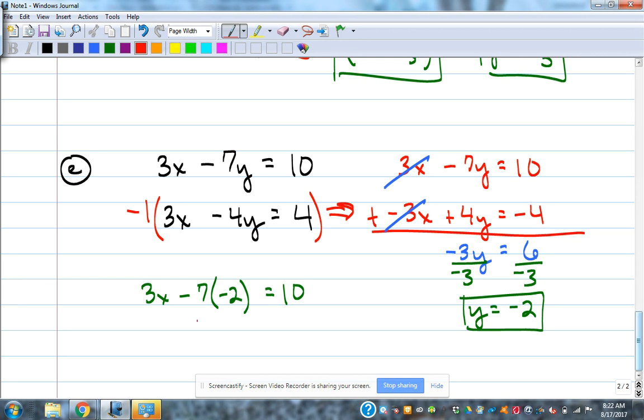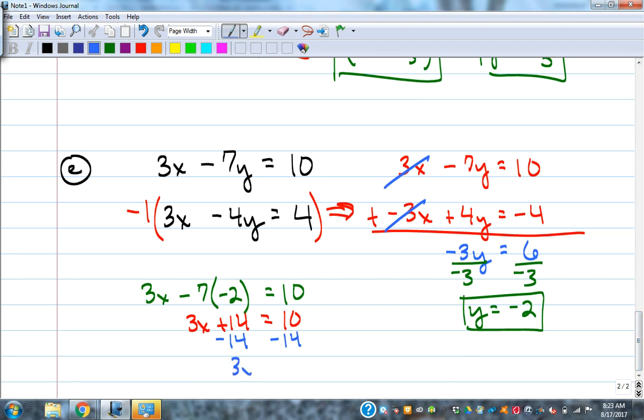Okay, so that'd be 3x plus 14 equals 10. Subtract your 14. 3x equals -4. Divide by 3. X is -4/3.